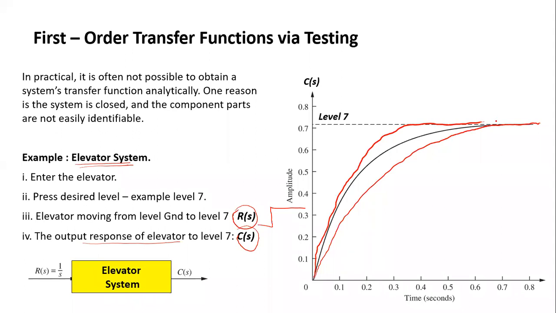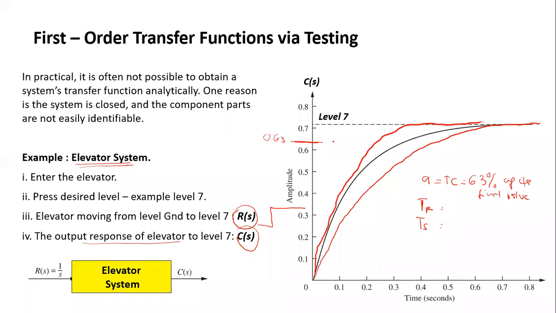So from the elevator response you are able to find the settling time. You know the time constant: the time for the elevator to reach 63% of the final value. In the case of elevators, probably the final value is level 7, so 63% will be here.